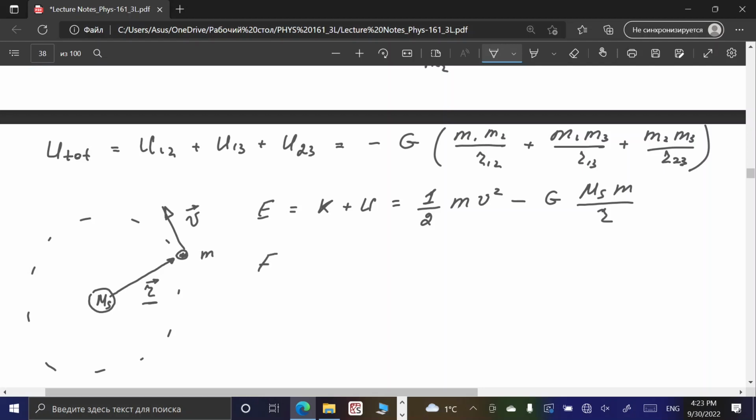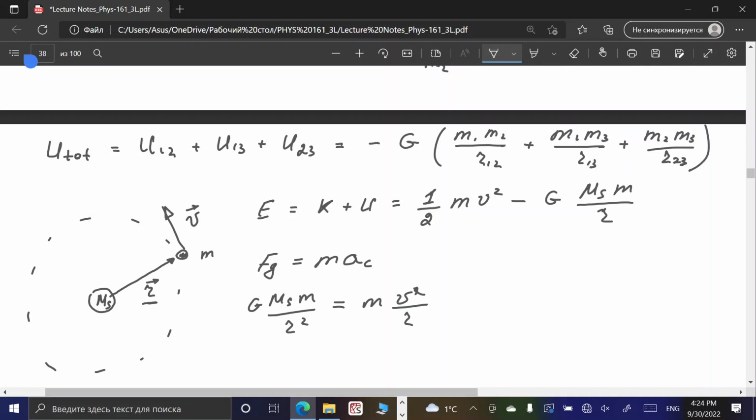The gravitational force should be equal to the centripetal force, meaning the mass of the planet times centripetal acceleration. So let us write this down. It will be G times Ms times m over r squared. That is equal to m v squared divided by r.